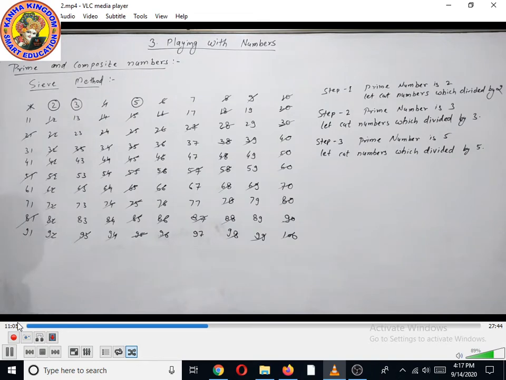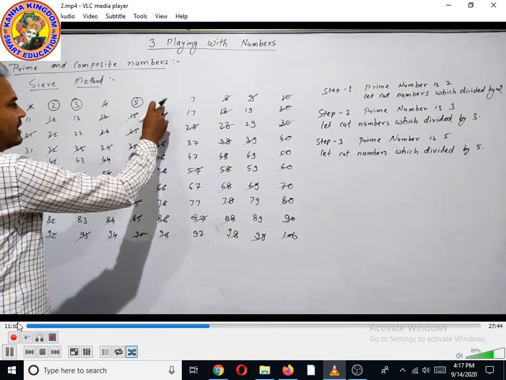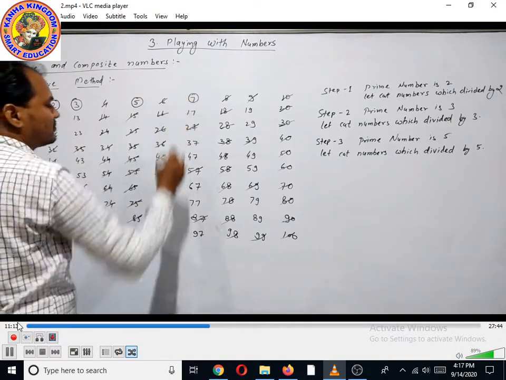So we cut all the numbers which are divided by 5. The next number, 6, is already cut, so the next number is 7.